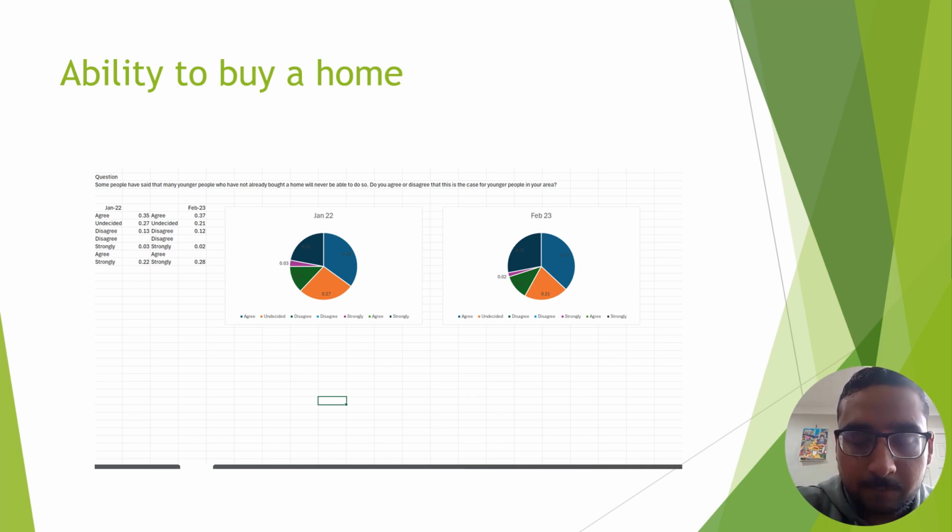At least around 35 to 37% of people agree that they will not be able to buy a house if they have not bought in recent years. Again, I have used my knowledge of pie charts, probability, and conditional probability to make sure that I have the correct graph and the correct representation to show and analyze this problem, that around 35 to 37% of people say currently that they will not be able to get a home in their lives.